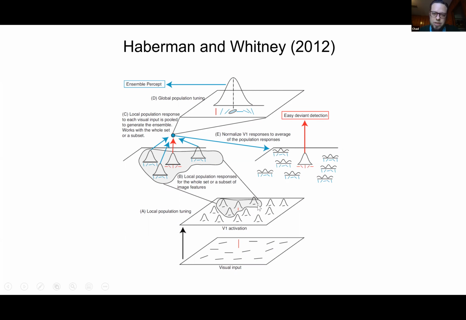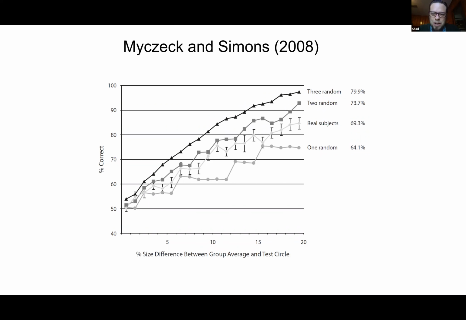However, in 2008, Maule and Simons took kind of an obvious step in retrospect, which was just to do an ideal observer simulation where you program a computer and you give the computer the stimuli that the subjects are seeing, and you tell the computer to randomly select a certain number of items and compute the mean. They showed that if you only select 2 items, you get really close to real subjects' performance in the averaging tasks.